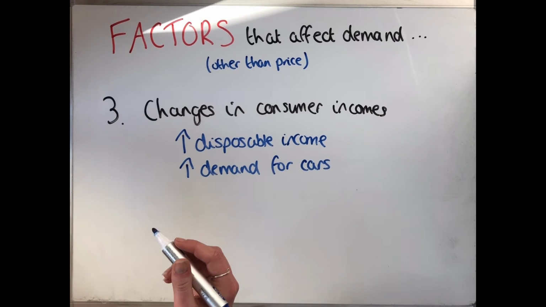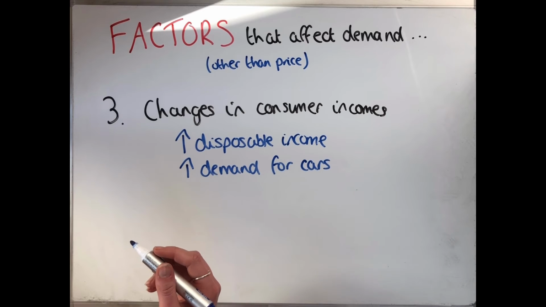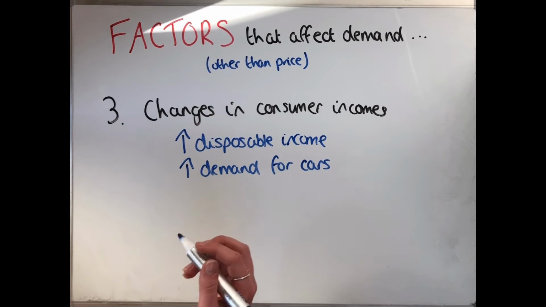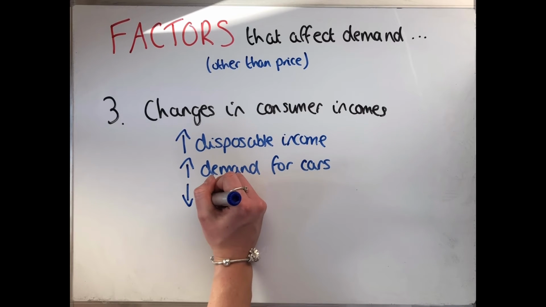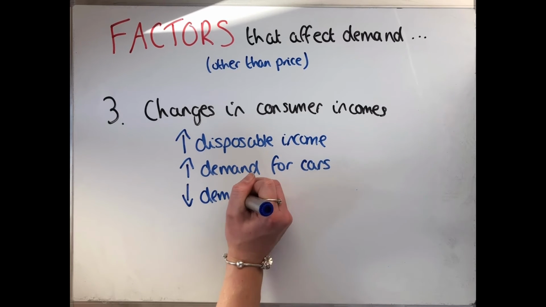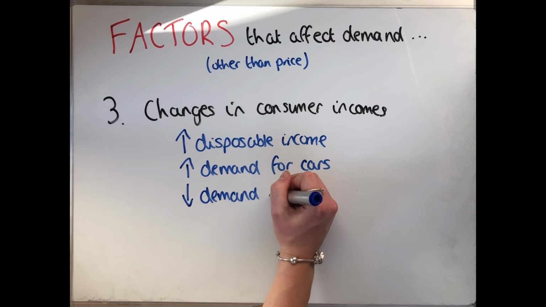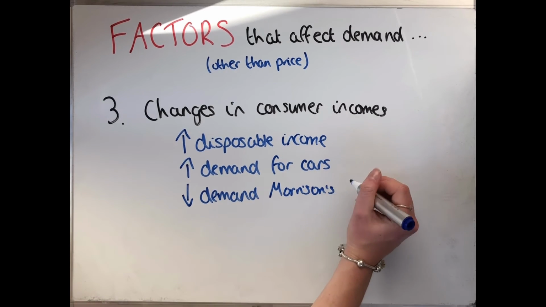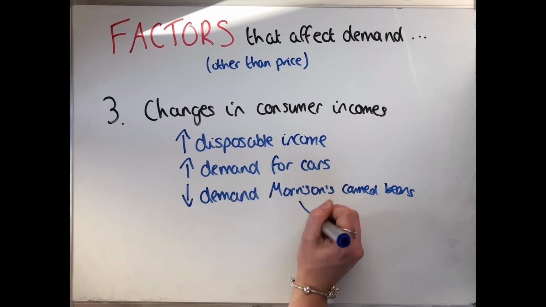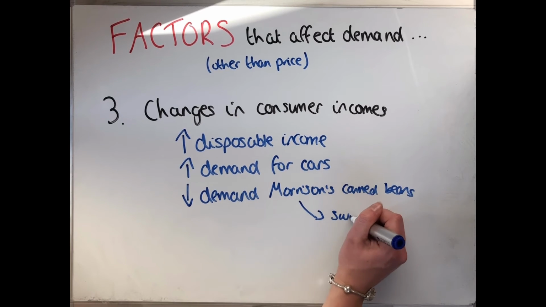However, if we're talking about an inferior good, such as, let's say, Morrison's own canned beans, if disposable income increases, the demand for Morrison's own canned beans is going to decrease because customers start to look for better alternatives. So they may switch to Heinz, for example.